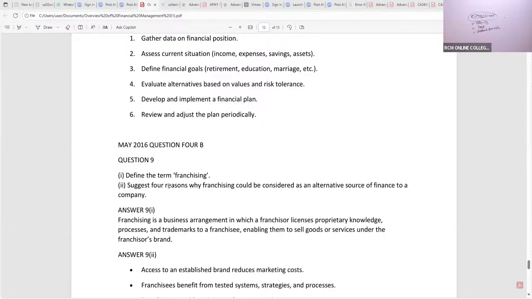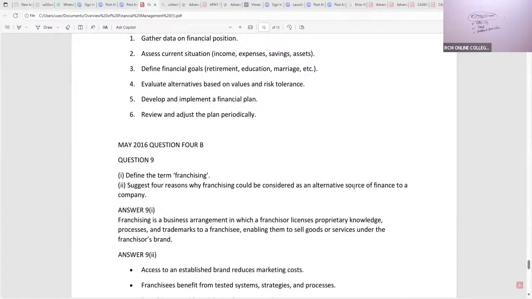Define the term franchising. Yeah, we know like KFC, they operate under franchises. Suggest 4 reasons why franchising could be considered as an alternative source of finance to a company. Once I franchise, I'm a franchisee of KFC, that is a big boost because I know I will be in business from day one.